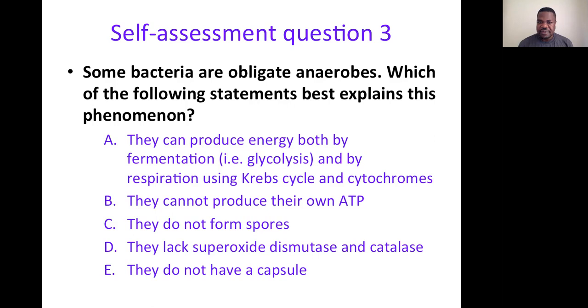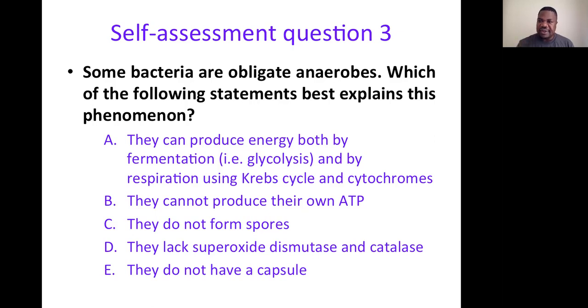No, they are even well known for their capacity of forming spores. So that is wrong. D, they lack superoxide dismutase and catalase. And E, they do not have a capsule. No, some have a capsule. So the answer is D, they lack superoxide dismutase and catalase.